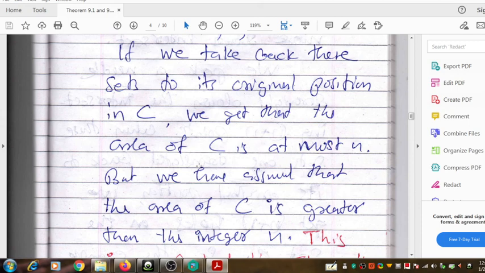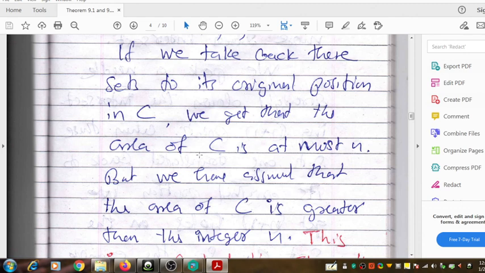So, as a result of the assumption we took in the beginning of the lemma, we have obtained a contradiction. We have to escape from the contradiction.